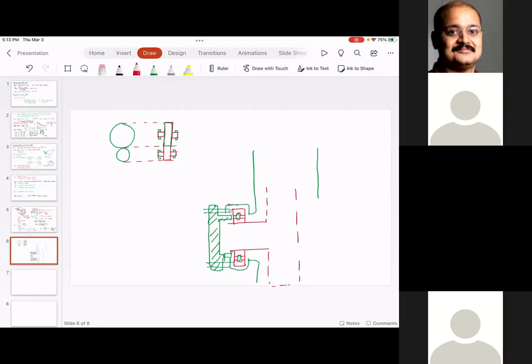And then if it's again simply supported, then you are going to have a seat, something like this. And the same thing will be on the top side. So this is how you will design the housing. To design the housing, you can actually show it something like this.